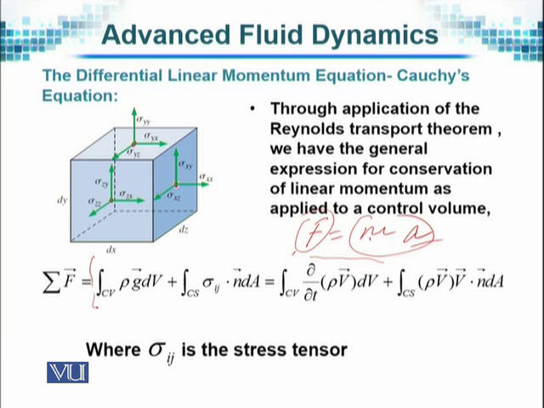This is the body forces part, and this is the surface forces part. We add them together, and that in totality will give us the sum of the forces. Of course, we have not considered here forces like the magnetic forces and so on, but these are the two main that we come across in real flow fields in most cases. And on the right hand side is the flow field, the velocity and the acceleration in the control volume and control surface.